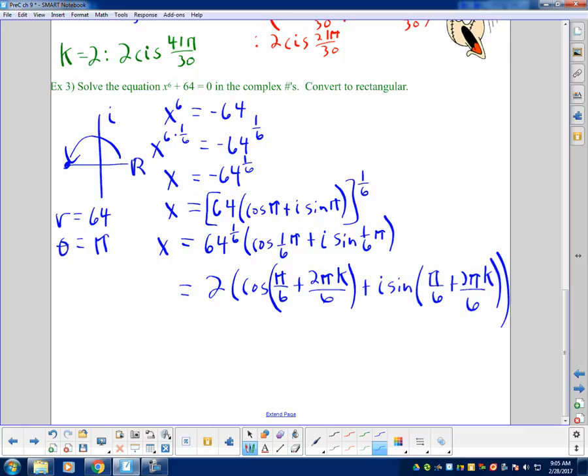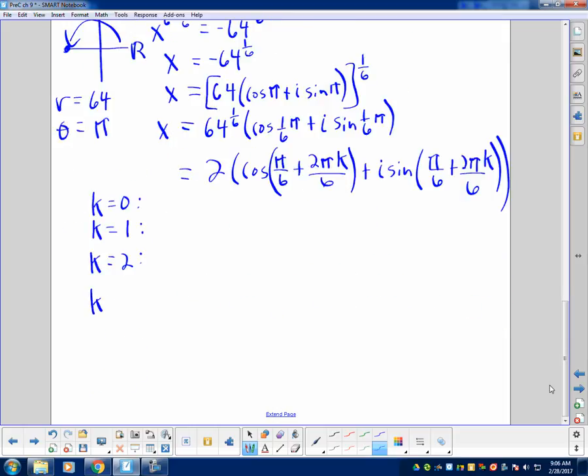So now, what we'll oftentimes do, before I put an equal sign there, is just make our 6 cases. k equals 0. What is that going to be? k equals 1. k equals 2. So go ahead and list them all out. We're going to use patterns, though, to make this easier on us.